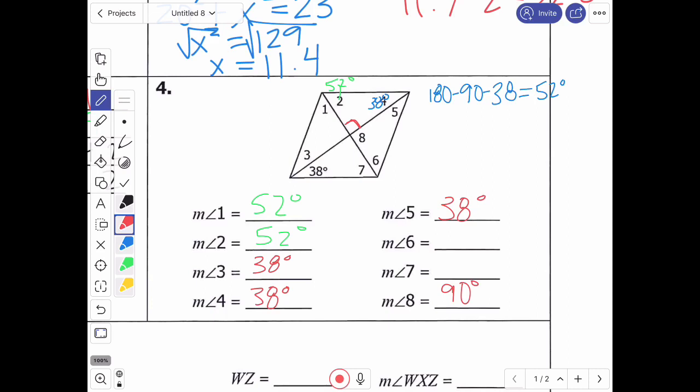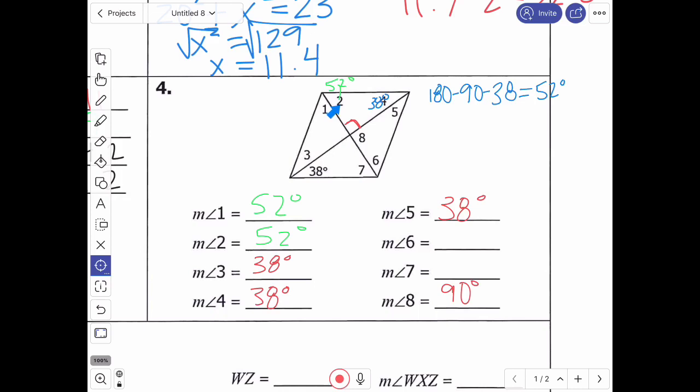And 6 and 7 turn out to be pretty easy as well. If you wanted to do the sum of the angles in a quadrilateral, you could do that. Or you could just use the fact that this diagonal is intersecting both of these angles. So it's making 6 and 7 congruent to 1 and 2.